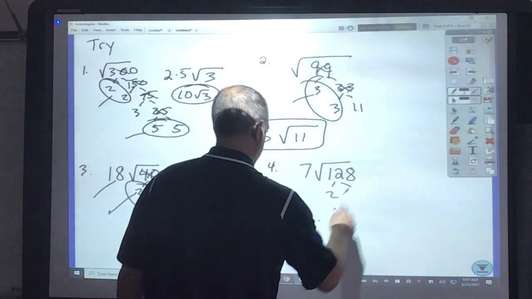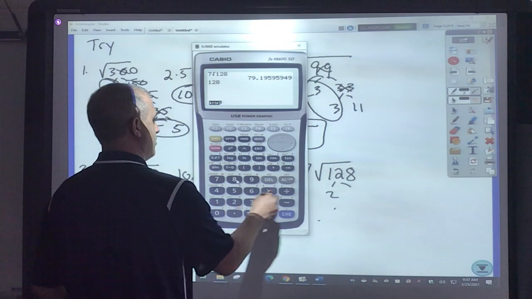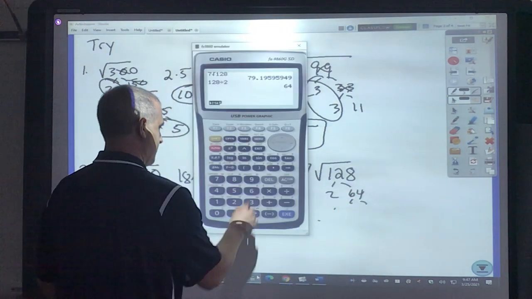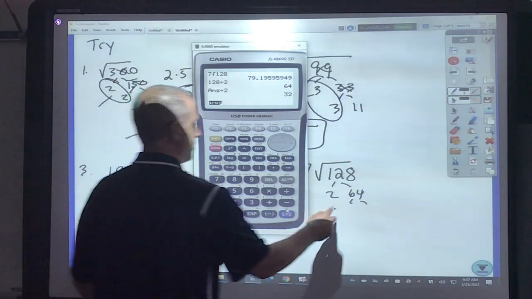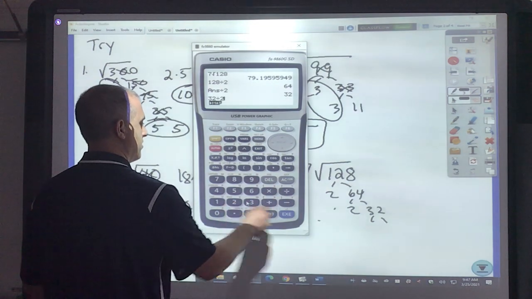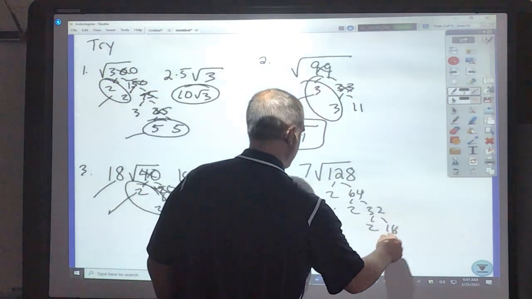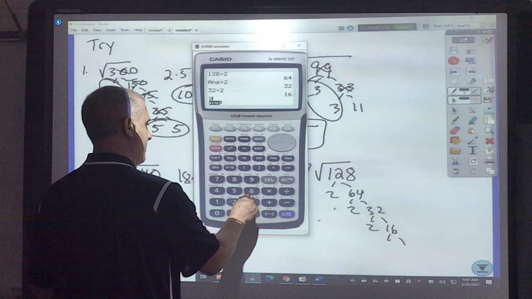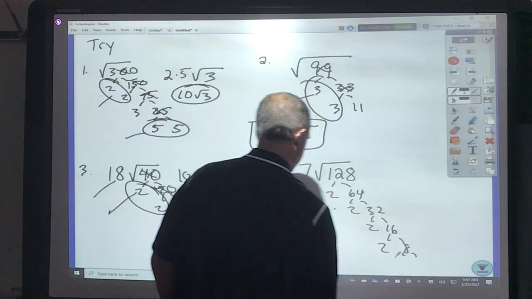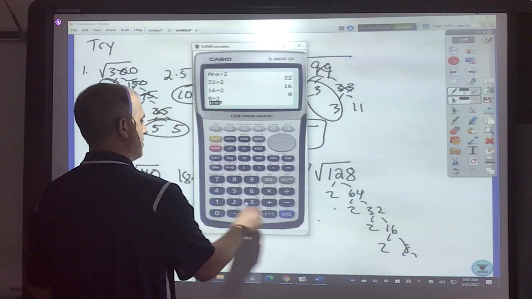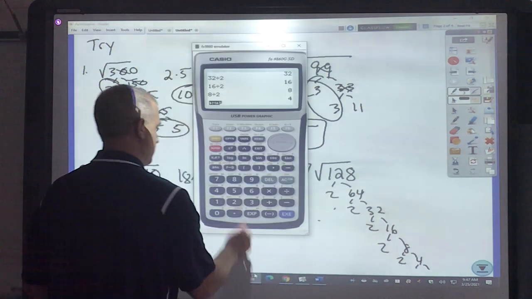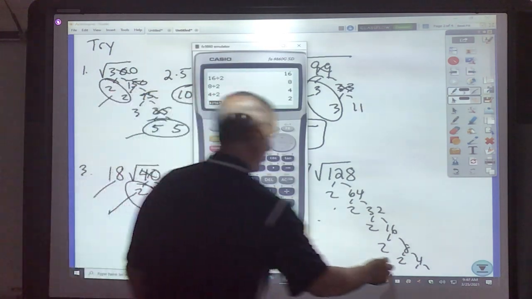So I got 2, 128 divided by 2, 2 and 64. 64 divided by 2 is 32 and 2. 32 divided by 2 is 2 and 16, lots of 2's here. 16 divided by 2 is 2 and 8, 8 divided by 2 is 2 and 4, and 4 divided by 2 is 2 and 2, okay?